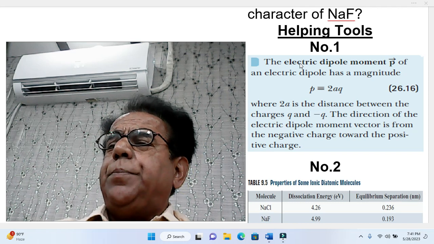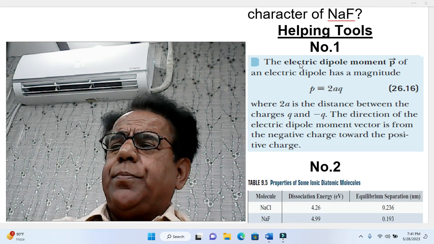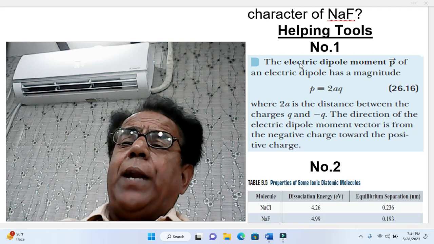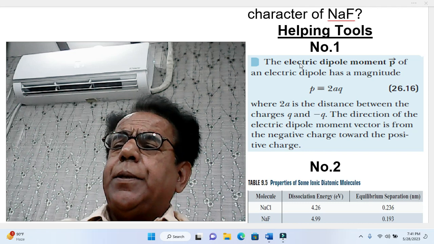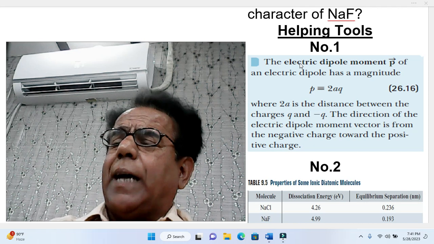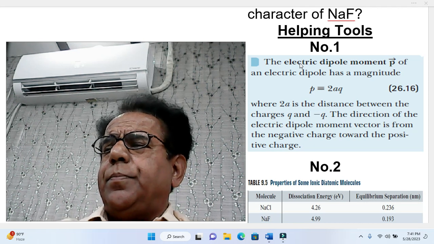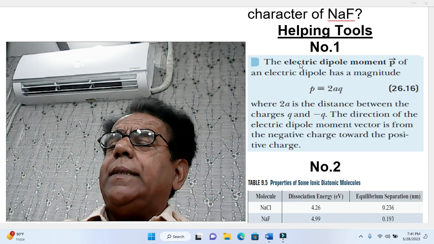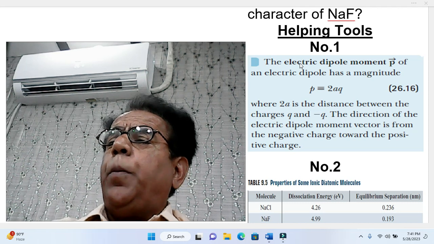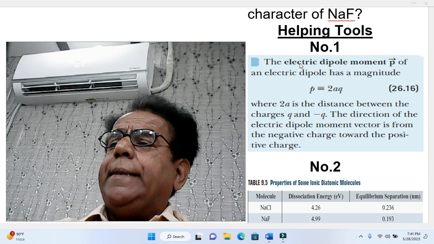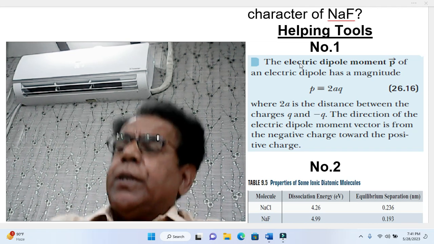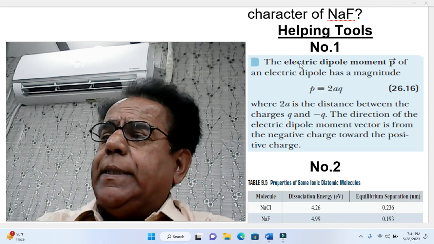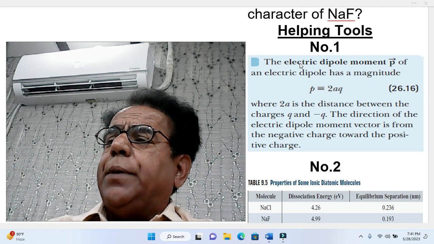We usually treat this symbol as equivalent to, not exactly equal to, is defined as. This symbol is also meant as, is defined as. So electric dipole moment P is defined as 2aq, where 2a is the distance between the charges q and minus q.